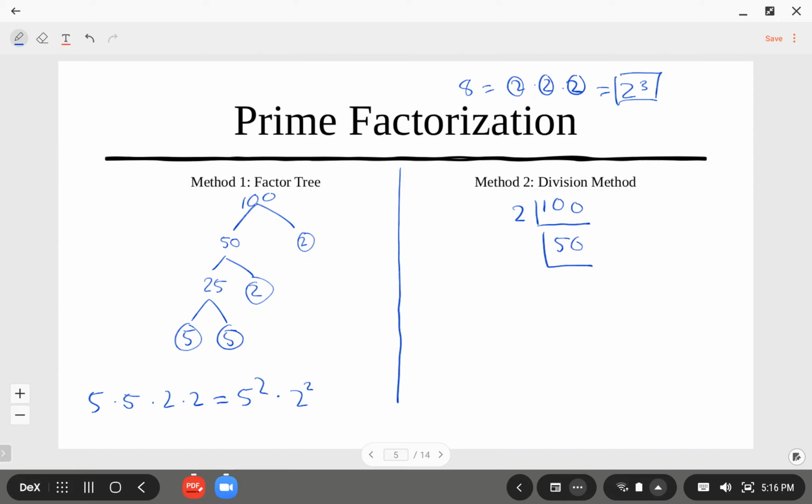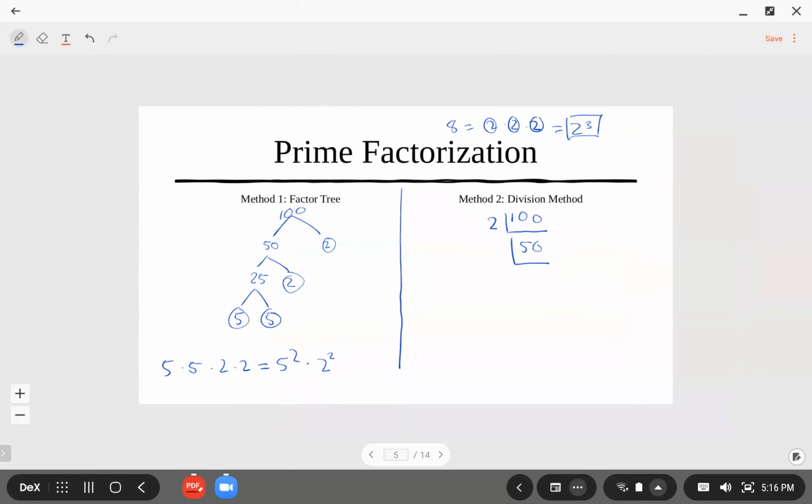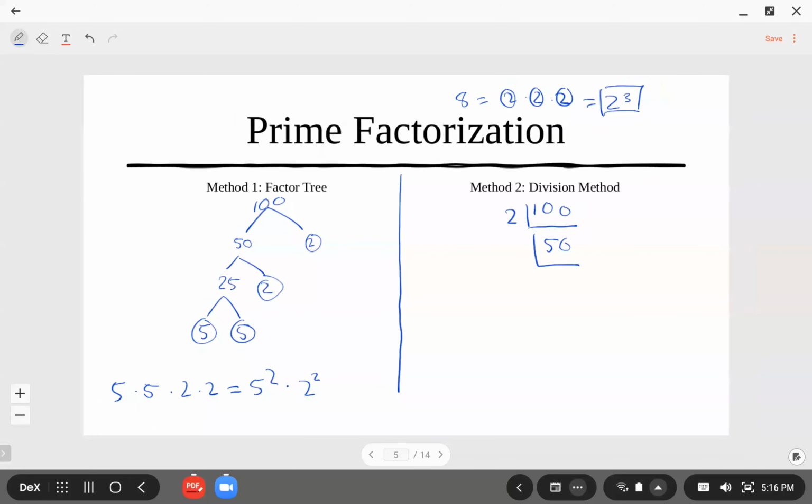And what is a prime factor of 50? So 50 can be divided by 2 again, because it is an even number, right? So we can put 2 again. And what is 50 divided by 2?